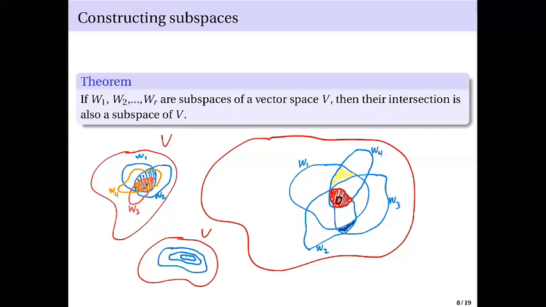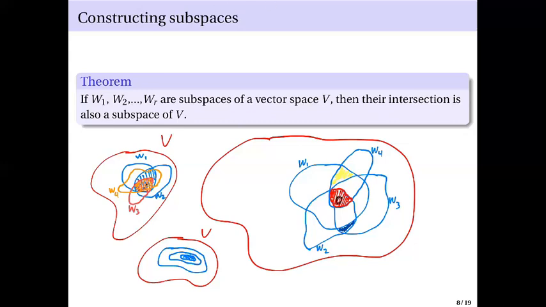Then their intersection becomes just this guy here. But there is a possibility that there are elements in W1 which are not in W4, just like this part here. But the main point here is if you get their intersection, all of them, it becomes a subspace.